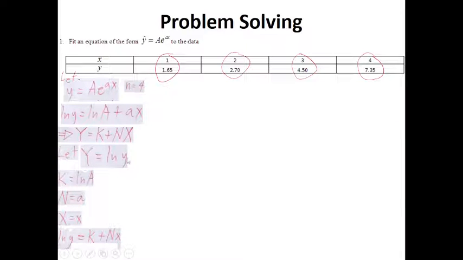Since Y equals ln y, we are able to substitute from this equation. So we express Y in terms of ln y. So we have ln y equals k plus nx, and the uppercase X in terms of the lowercase letter.